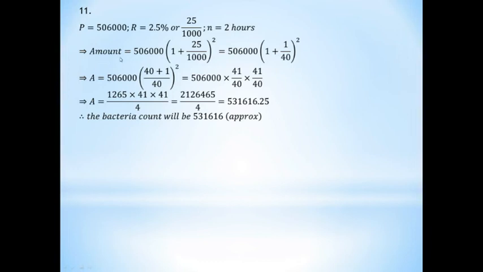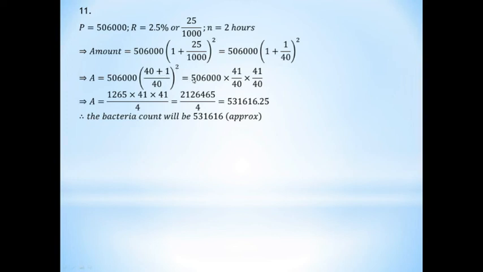We are going to see amount equal to 5,06,000 as a principal, 1 plus 25 by 1000. If you simplify this with 25, you will have 1 by 40. That is 1 plus 1 by 40. After taking the LCM here, you will find 40 plus 1 by 40 to the power 2.